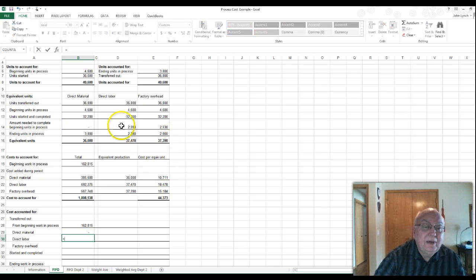For the direct labor, you have the 2990 times the cost per equivalent unit. And for the factory overhead, it's the 2530 times the equivalent unit cost of 38,416.